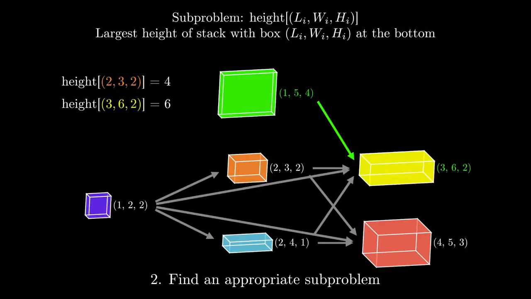There are actually two different sets of stacks with heights of 6. The easiest one to see is the green box on top of the yellow box. And if we look at the subproblem that ends with the red box at the bottom, the optimal height is 7, which is also the tallest possible stack for the set of boxes we've seen. Take a second to make sure the formulation of the subproblem and how it works makes sense.